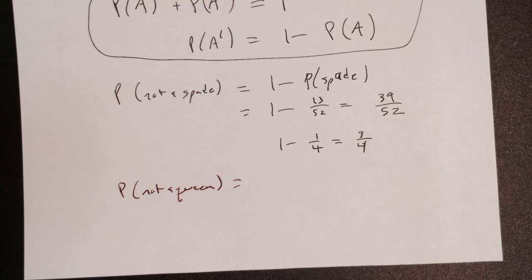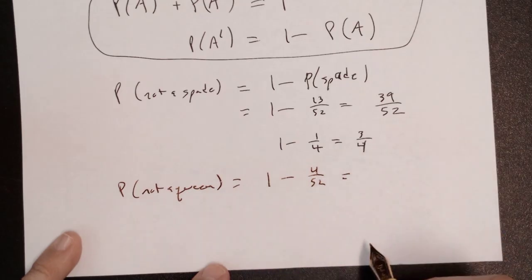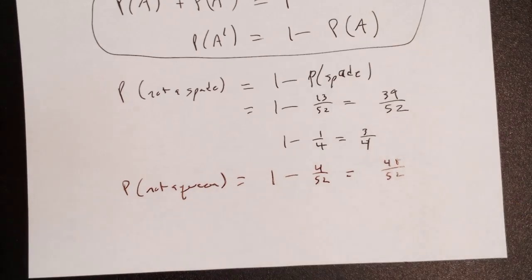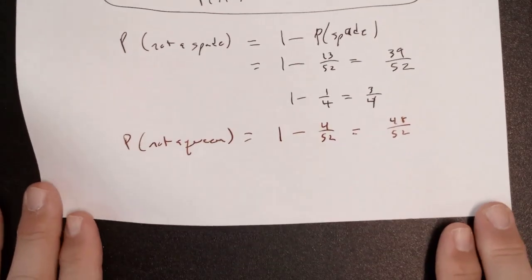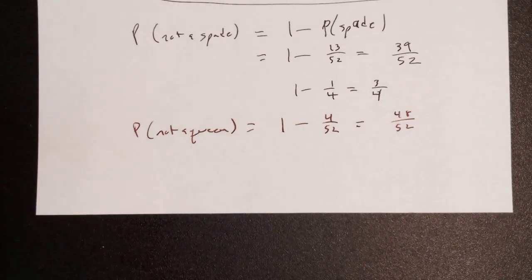Chance it is not a queen. One minus the 4 out of 52 chance to get a queen. 48 out of 52. It's easier to me to count the ways the queens happen because there are fewer of them. Questions?